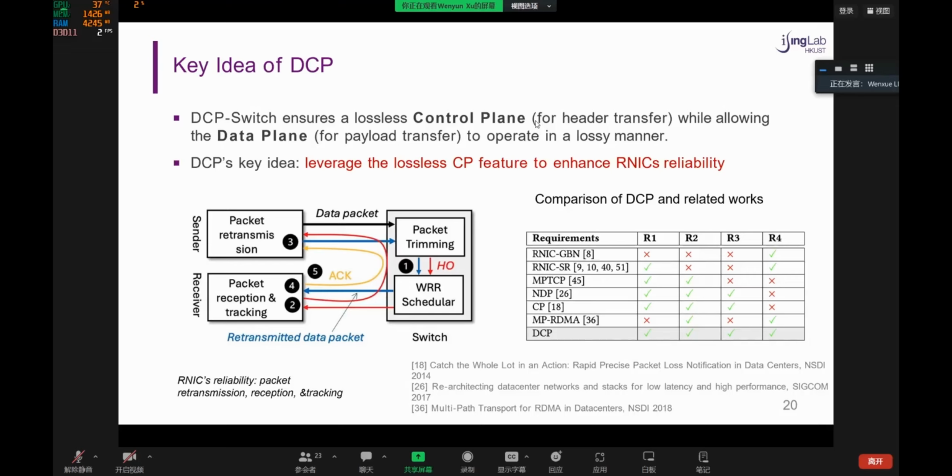In the beginning, we wanted to see how hard it is to re-implement NDP and CP, and we found that it's already a new design or an architectural revision if we do this.